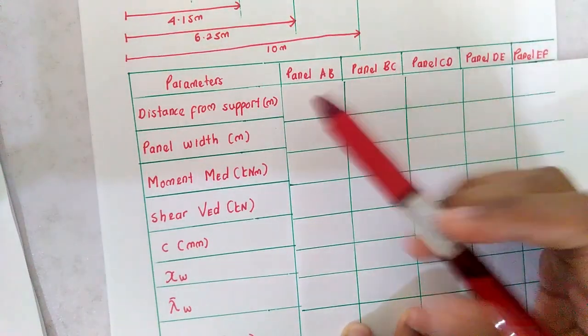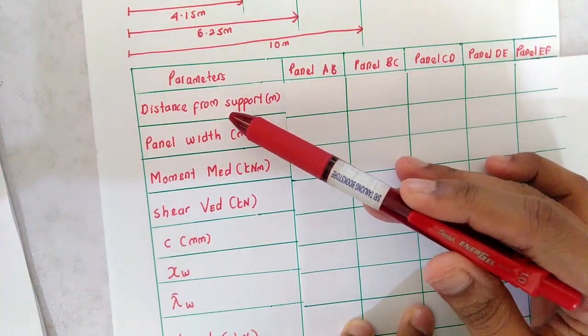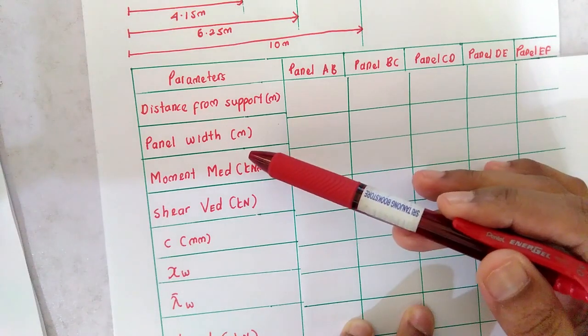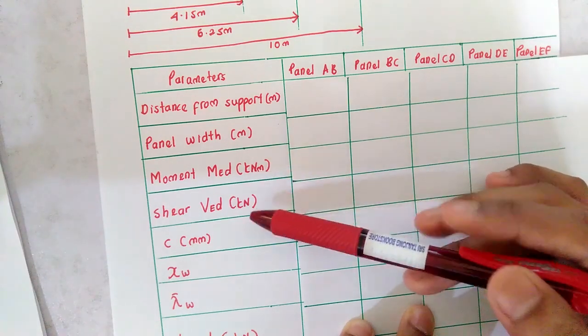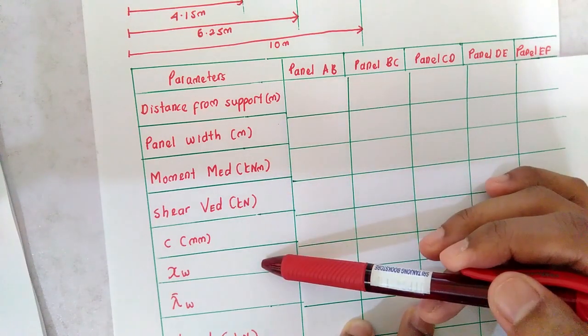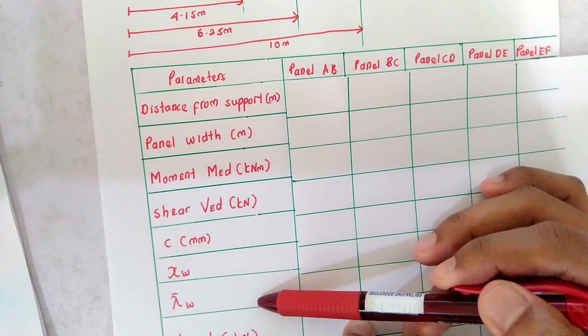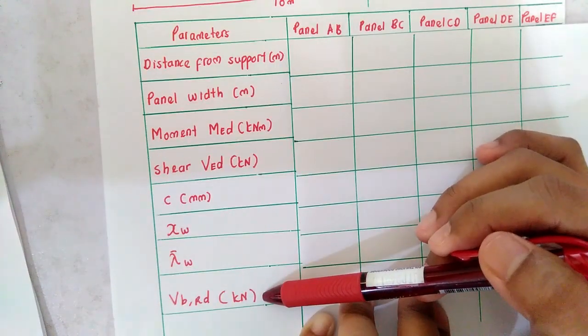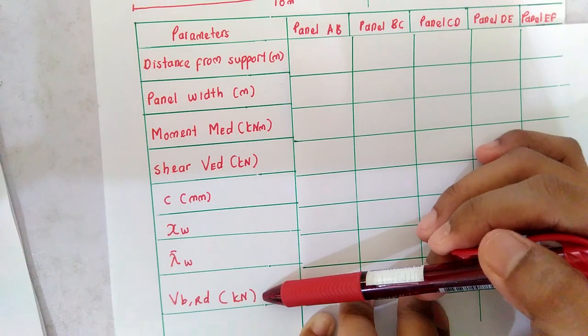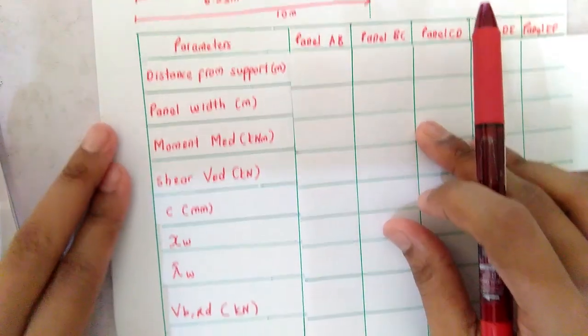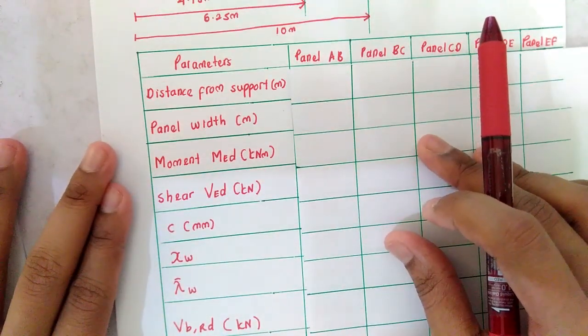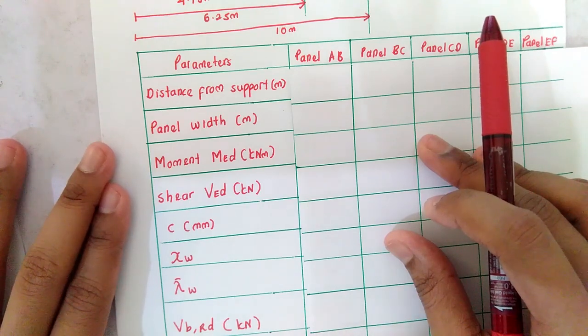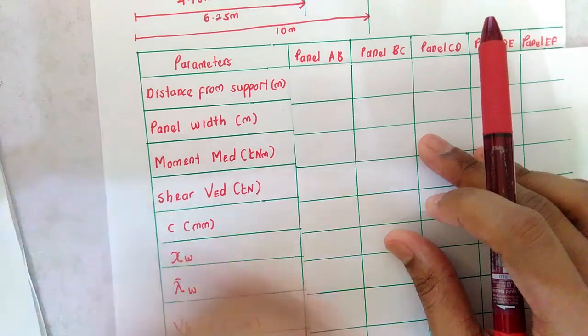For each panel, you need to define the distance from support A, panel width, moment, shear, C value, reduction factor for buckling, flange-induced buckling, slenderness ratio for the web, and the shear buckling resistance. I will show you how we can fill in this table later, but now we will continue with how to conduct the shear buckling resistance check.